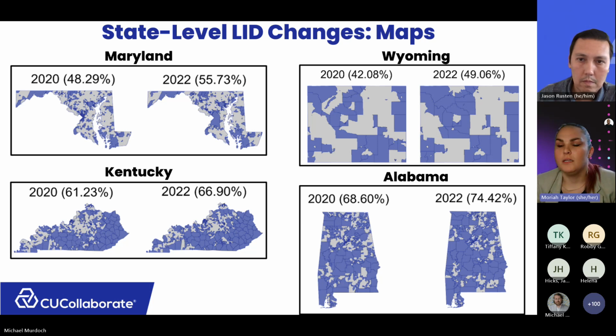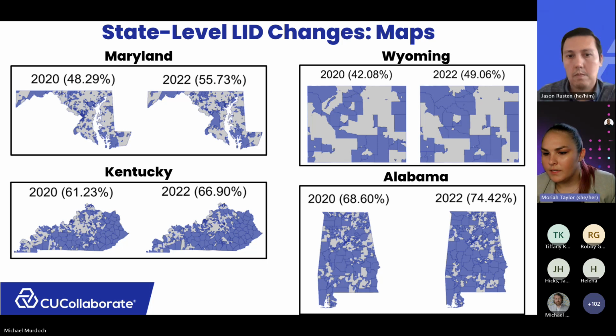In Wyoming, in the northwest portion of the state, there seems to have been an increase in LID population geographies. Kentucky looks fairly similar, but towards the center, there's a bit of filling in. And Alabama here sees some filling in also towards the center, and in the south.